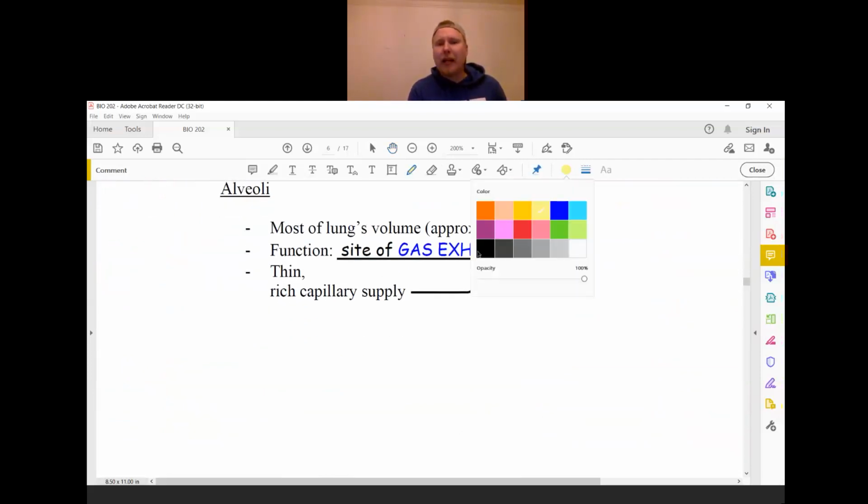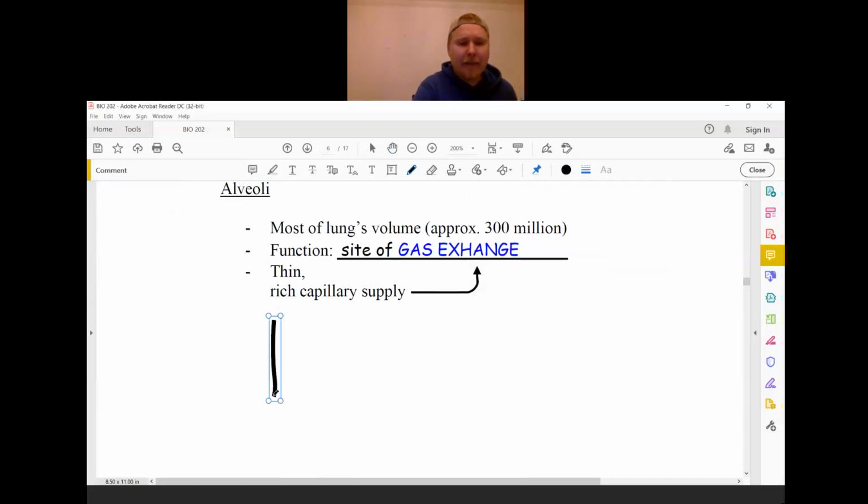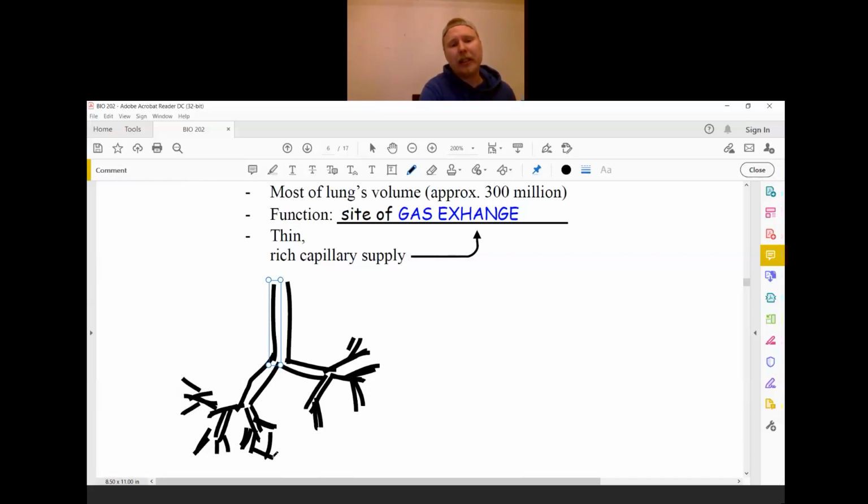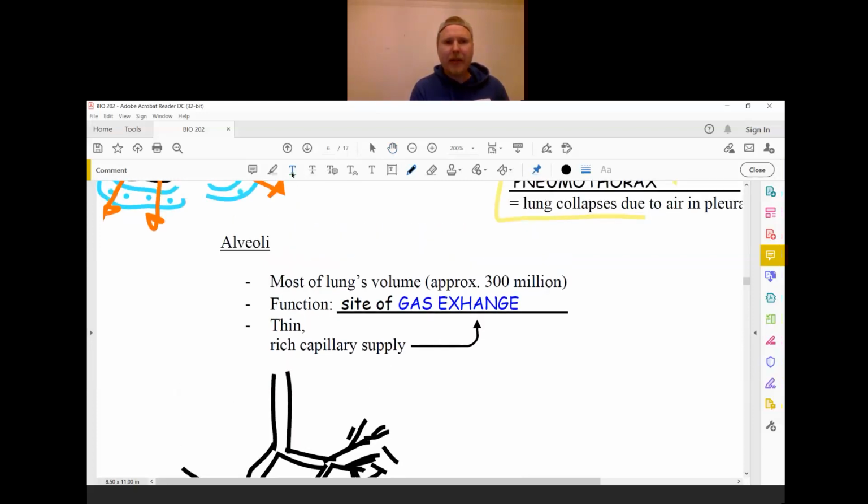And again, just making a quick sketch for us, our trachea, primary bronchi, our secondary bronchi, maybe tertiary bronchi. Let's add some of those. And bronchioles. And terminal bronchioles then as well. And all this respiratory tree ends up at the very end with the structures that we know as alveoli.